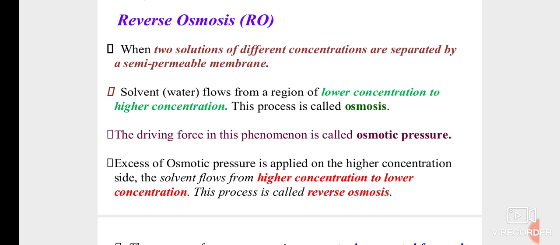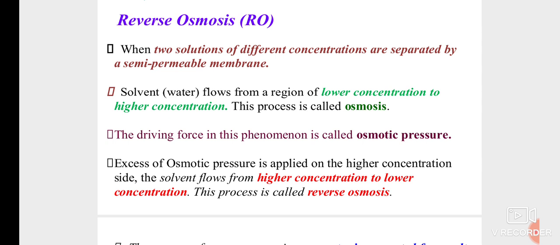First, what is the meaning of concentration? Concentration means how much salt is present in the water or any type of solvent. If the amount of salt dissolved in the solvent is higher, it is called high concentration. If the amount of salt dissolved in the solvent or water is very low, it is called low concentration.